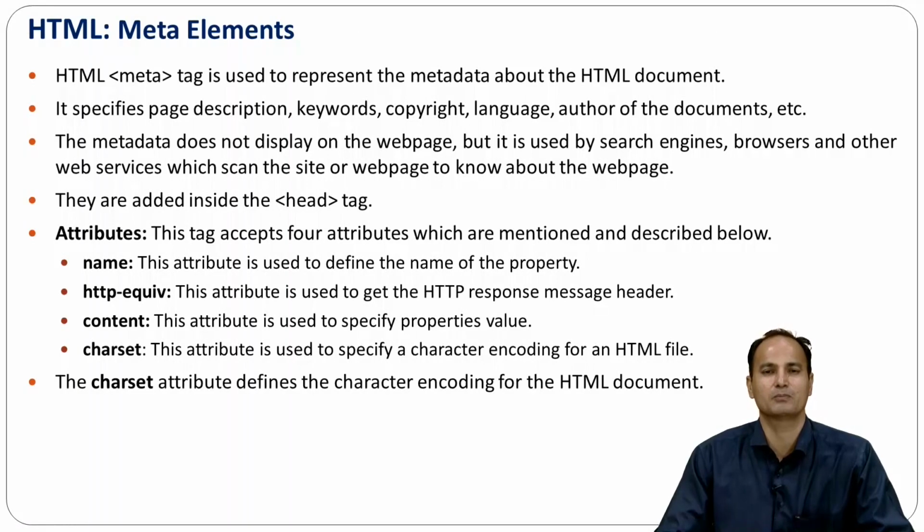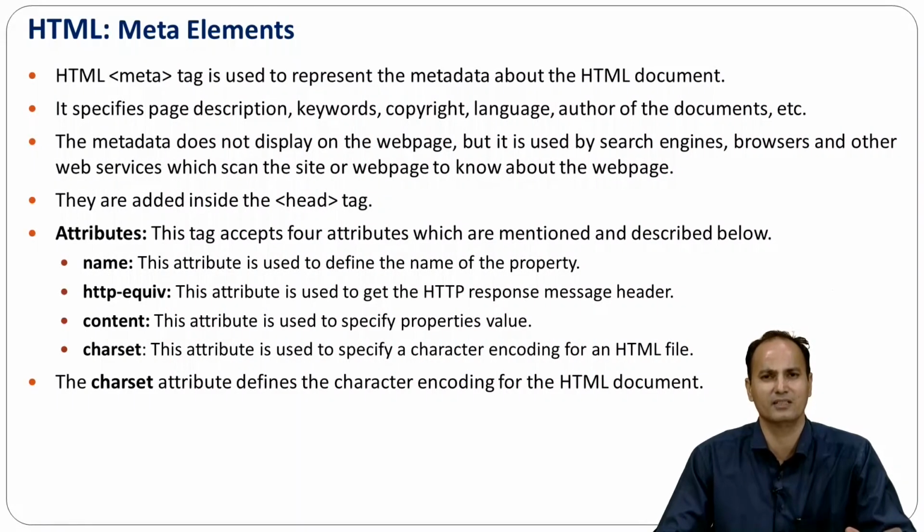It specifies page description, keywords, copyright, language, author of the document, etc. Metadata does not display on the web page, but it is used by search engines, browsers, and other web services which scan the site or web page to know about the web page. They are added inside the head tag.